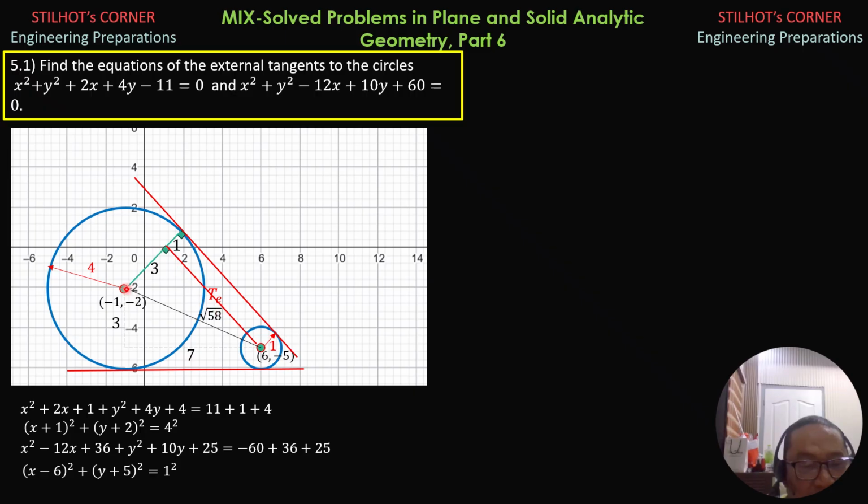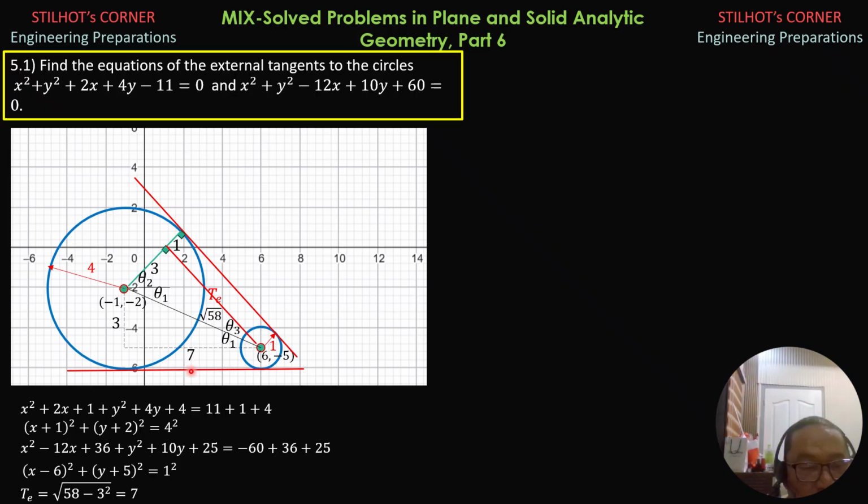And take note that in parts of the right triangles, we have 3 opposite to this angle, 7. And in this right triangle, opposite to this angle is 3. The tangent segment is 7, hypotenuse square root of 58. So the measure of this angle here is also equal to that angle. So this is the tangent segment, which is equal to 7. This is also 7.